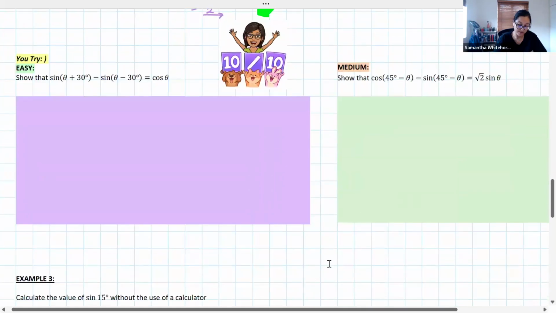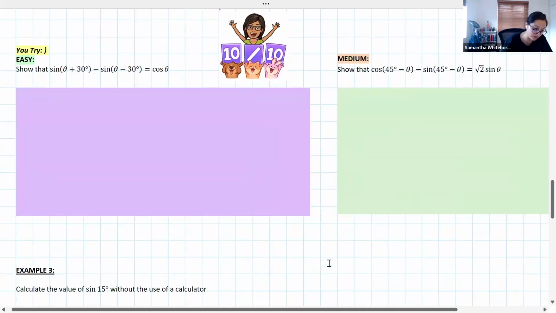I was going to copy all your compound angle formulae, but I'll just put it down here at the bottom for you, just in case you need it.